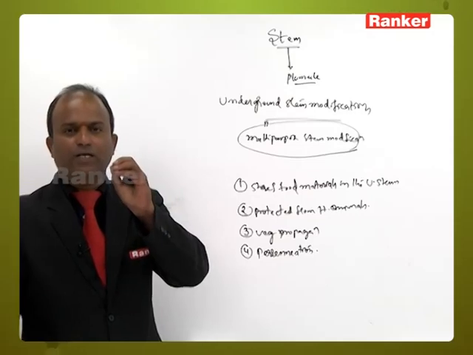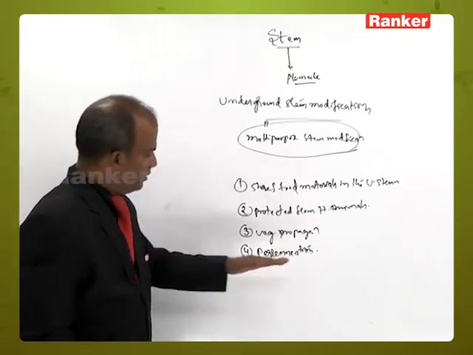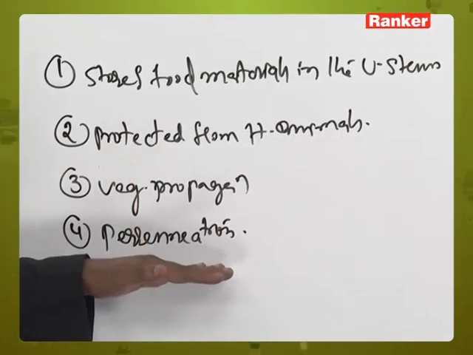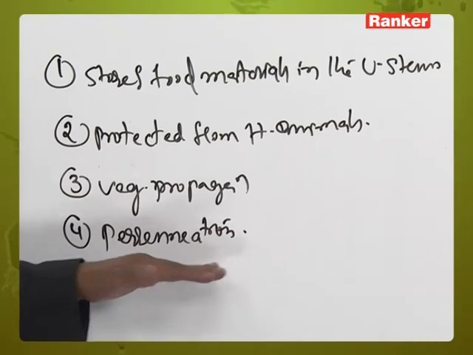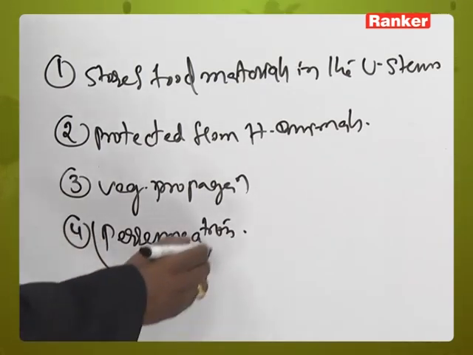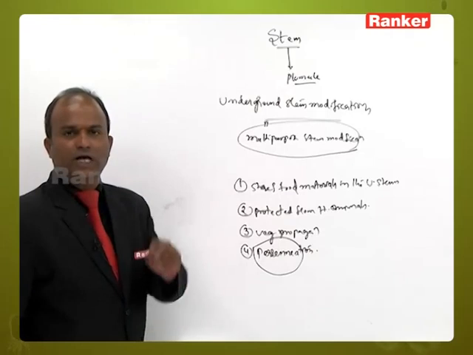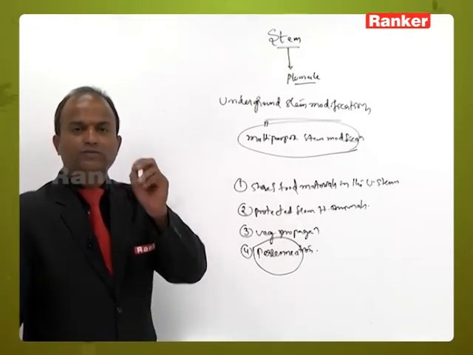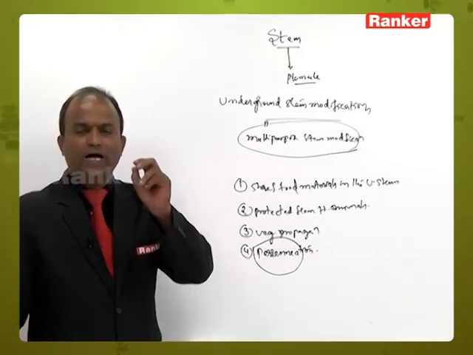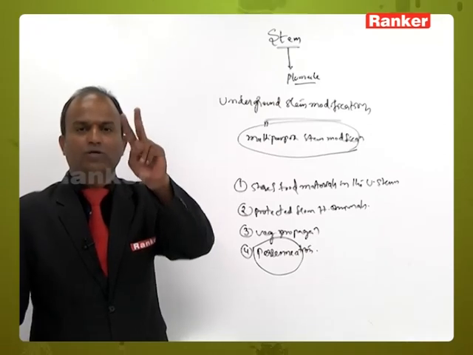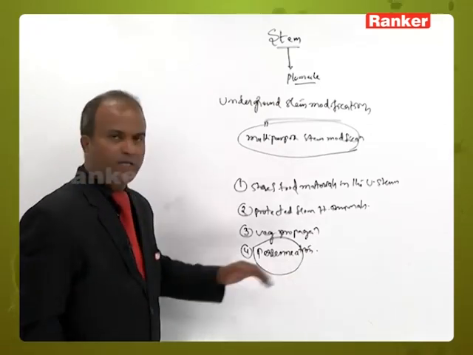What is meant by perennation? In this word you can see the word perennials. What is meant by perennials? The plants which complete their life cycle in more than 2 years are perennials.